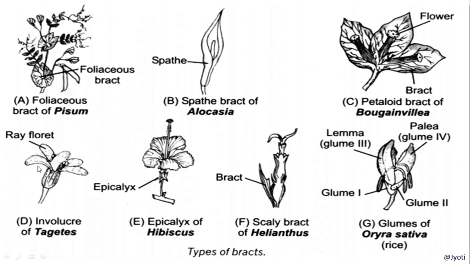This involucre you can see in the case of marigold, Tagetes. These leaf-like structures present here, which form a cup-shaped structure around the group of flowers or the inflorescence, are called involucre.